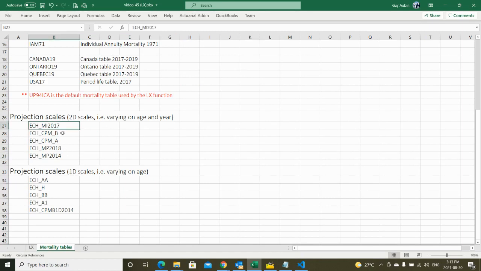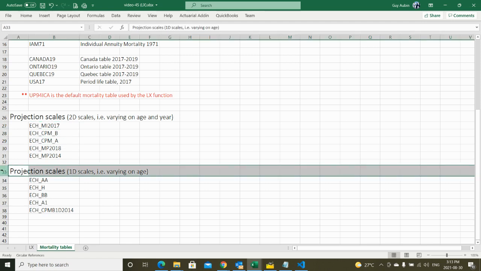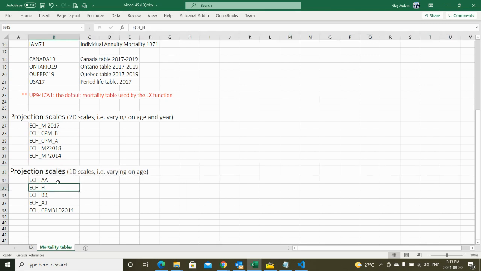The one that is currently used often is the CPM-B, and its name is ECH_CPM_B. You also have the MI 2017, and you have a list of 1D, one dimension projection scales, the ECH_AA, etc.